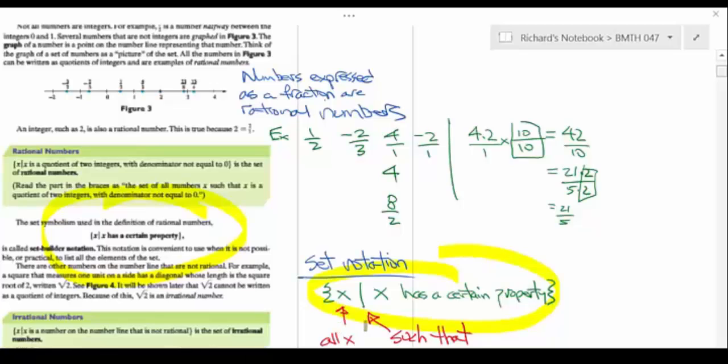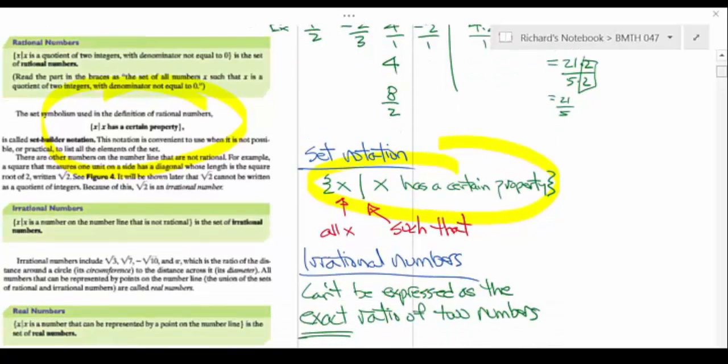The vertical line you read as "such that," and then you read what comes after the vertical line. So this example of set notation would be: all X such that X has a certain property. It could be all X such that X is a member of the set of whole numbers, or all X such that X is a member of the set of rational numbers. More about this later, when we actually start graphing numbers on a number line.